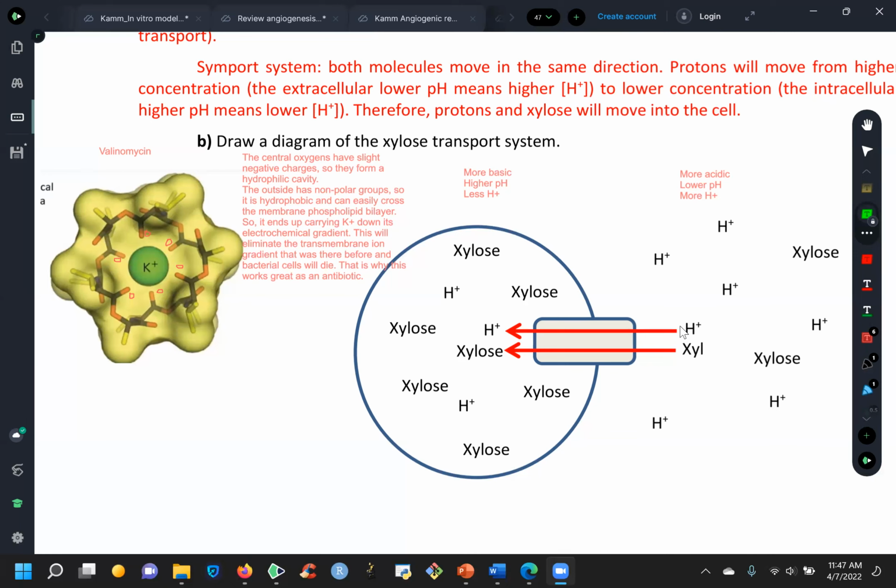Valinomycin is a small, nonpolar molecule on the outside, so it can cross through the plasma membrane whenever it feels like it. Now, on the inside, there's a pore surrounded by oxygens. They call it a hydrophilic cavity.